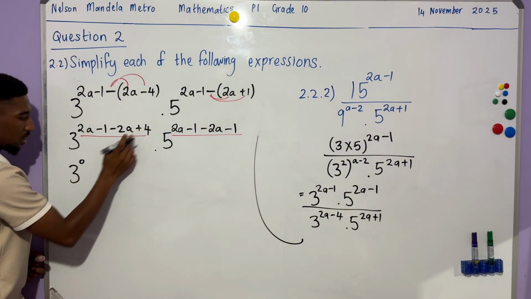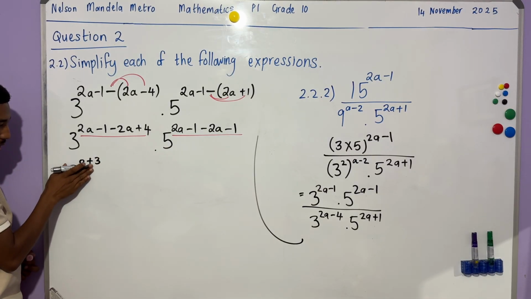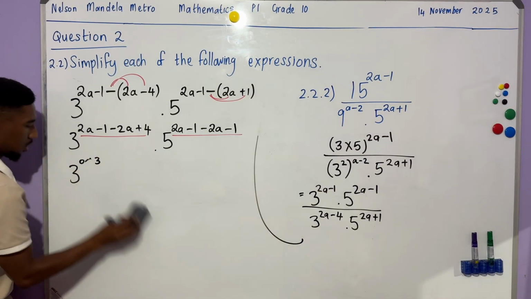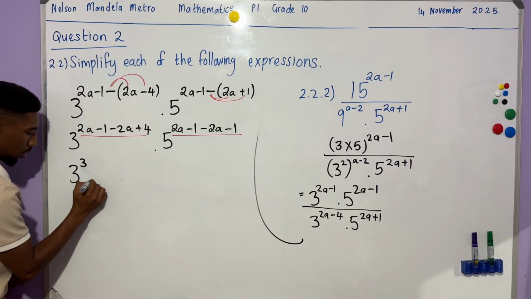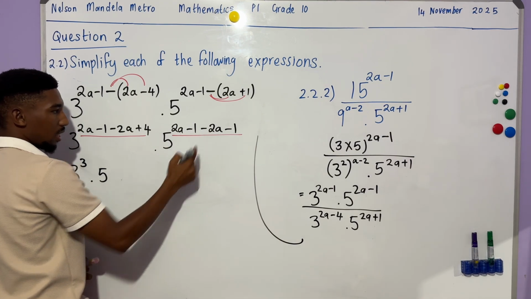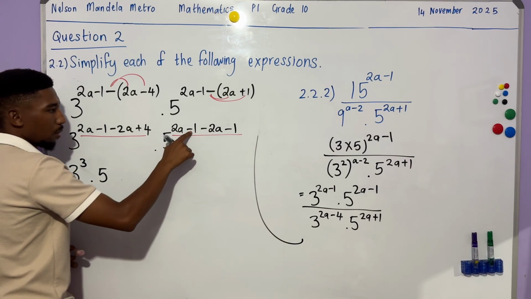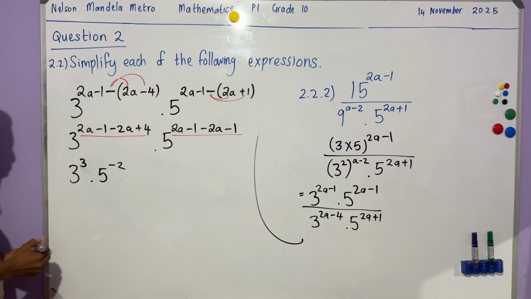Minus 1 plus 4 gives us plus 3. So in other words, 0 plus 3, that simply is 3, dot 5. 2a minus 2a, again that's 0. We're not going to write it. Minus 1 minus 1, that gives us minus 2.